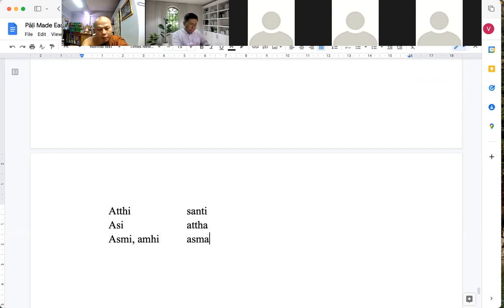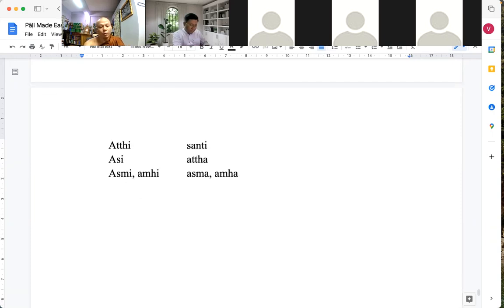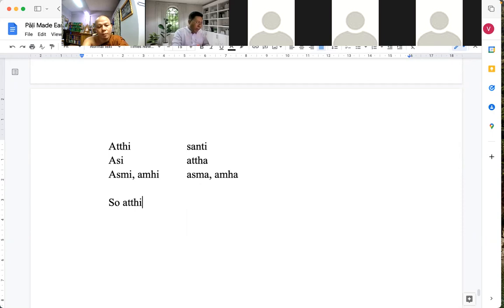And then asma and asma. So if we put, we can use so ati. Okay, so ati means just he is, but we need to understand it based on the usage. The same way, te santi. So they are, and here also there.